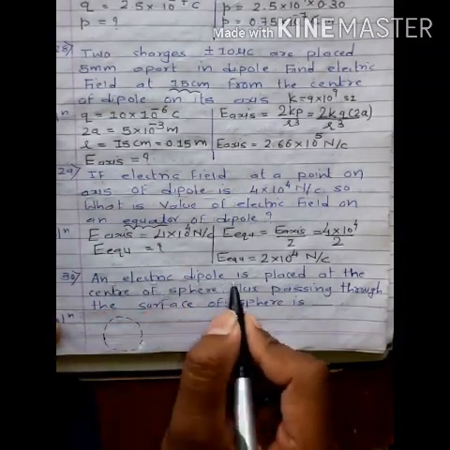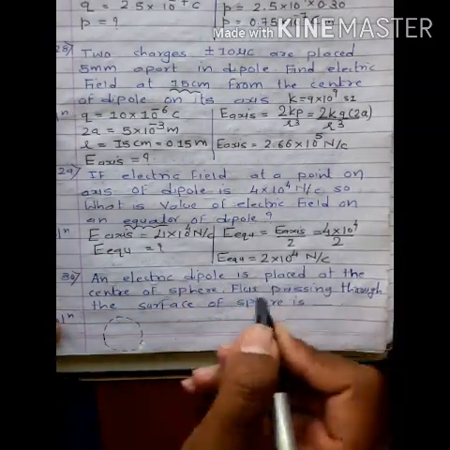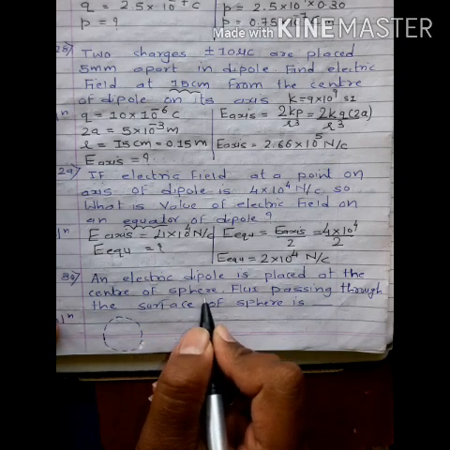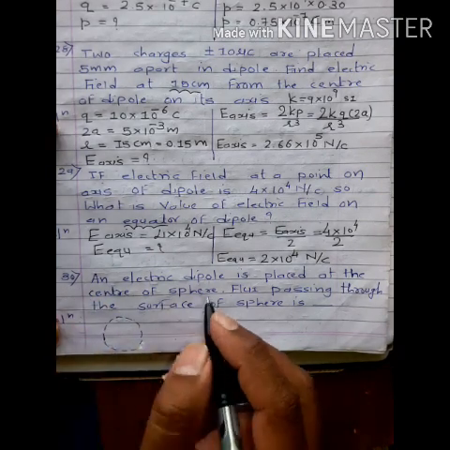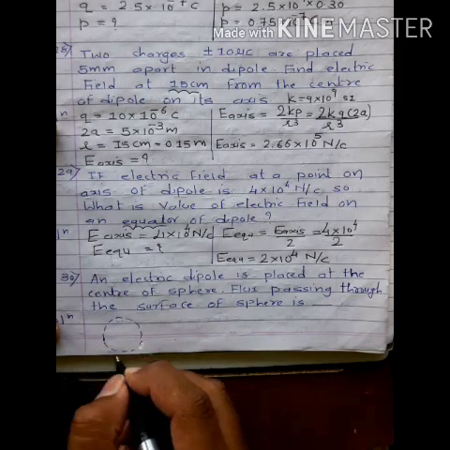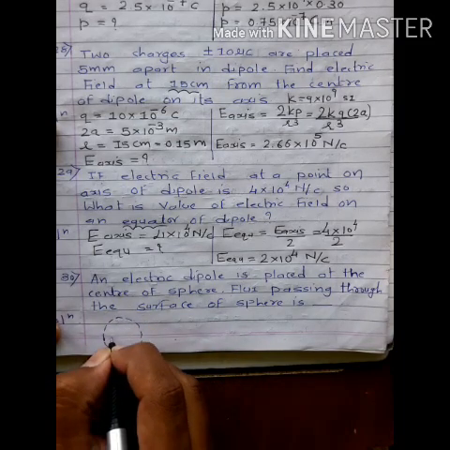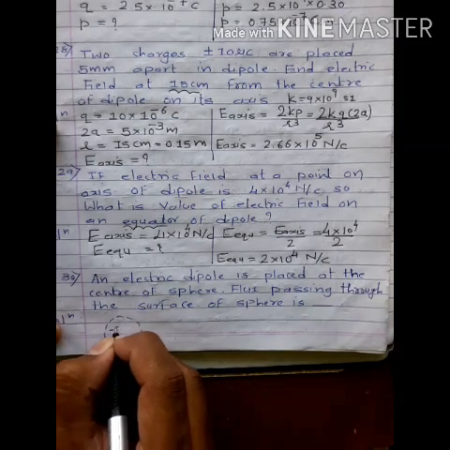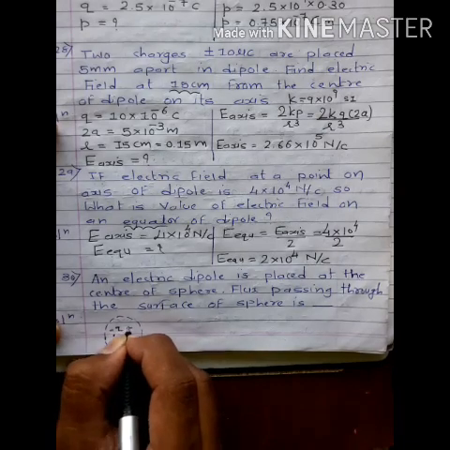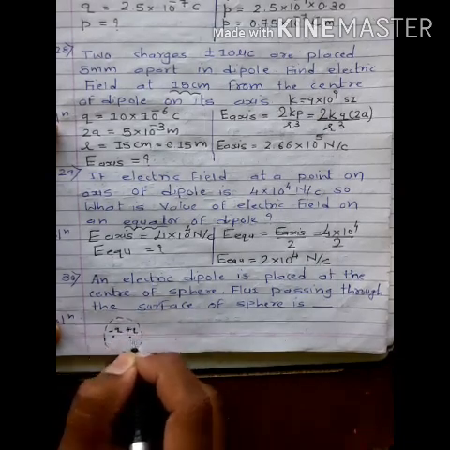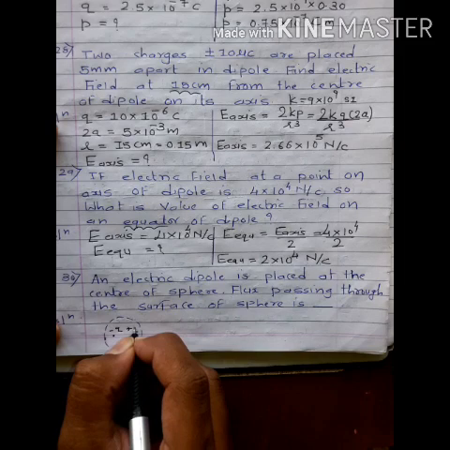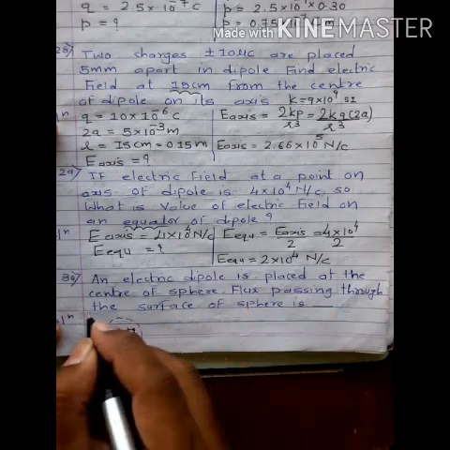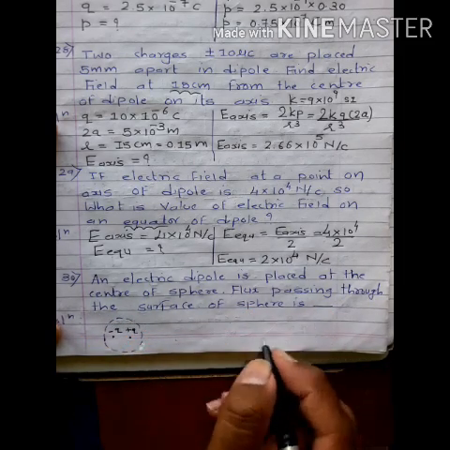Next MCQ: an electric dipole is placed at the center of a sphere. MCQ number 13. We have an electric dipole. This is our sphere, and here we consider the electric dipole, minus q charge and plus q charge, at the center of the sphere. So the flux passing through the surface of the sphere is blank.